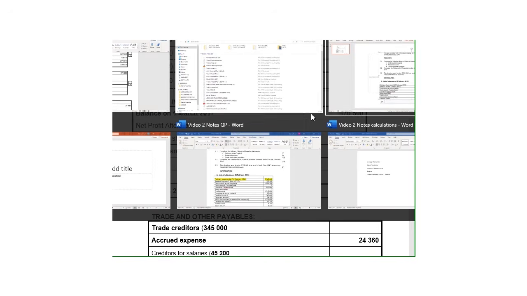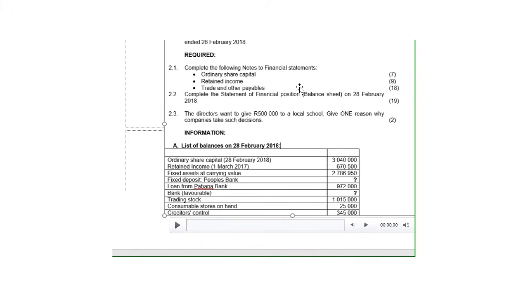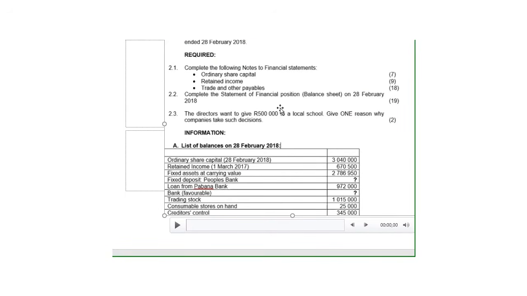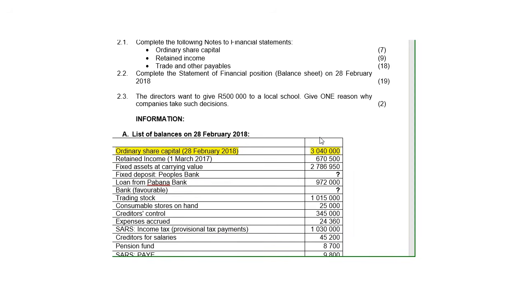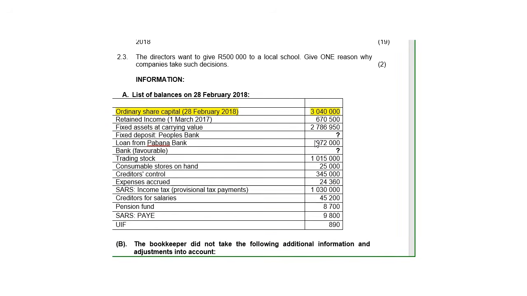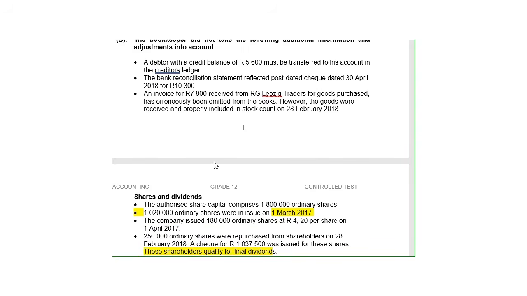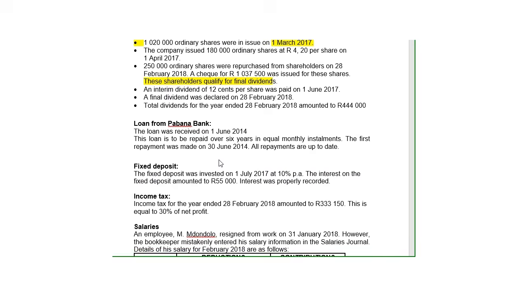So let's go back to the question. On my question, remember I'm looking for first of all the profit after tax. It's not on my list of balances, so it must be under the other information.